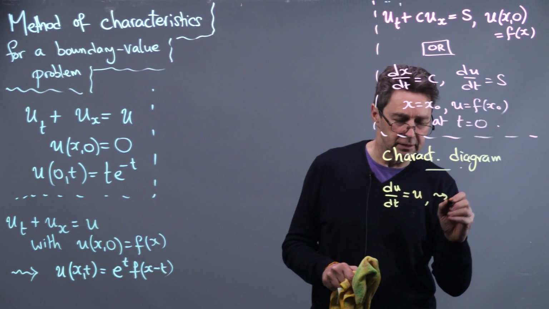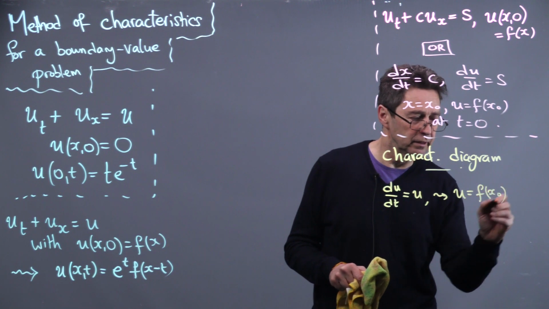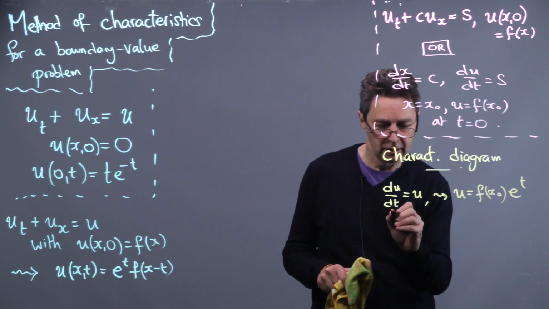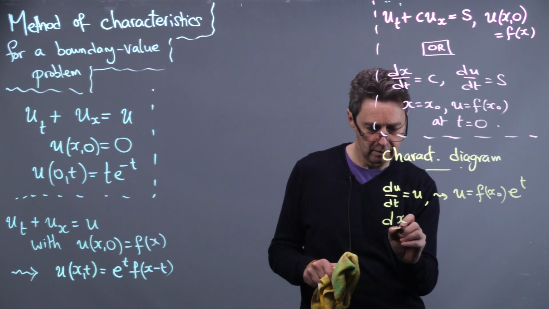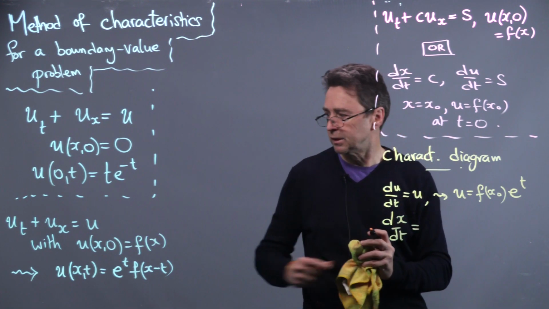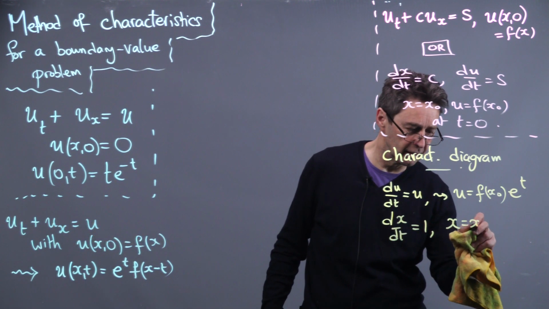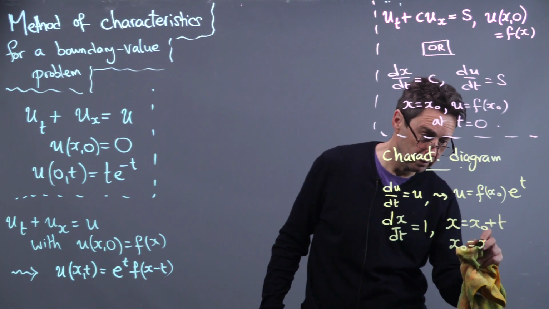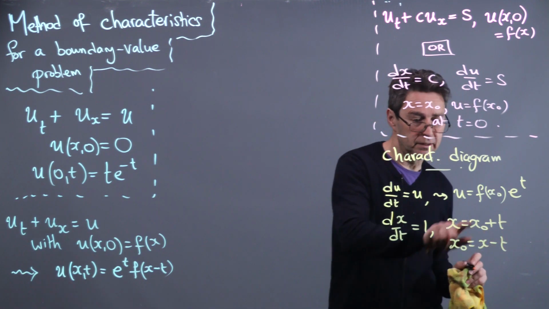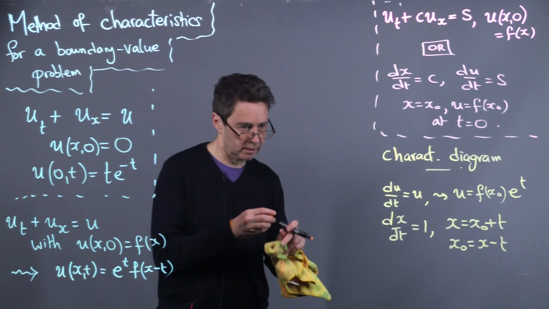That tells us that u is equal to f of x0, the initial condition, times e to the t. And the other one, dx/dt, equals c, but that coefficient's 1. So we have that x is x0 plus t, or x0 is x minus t, and I can just simply shove that into there, and that's how we get to that solution down here.